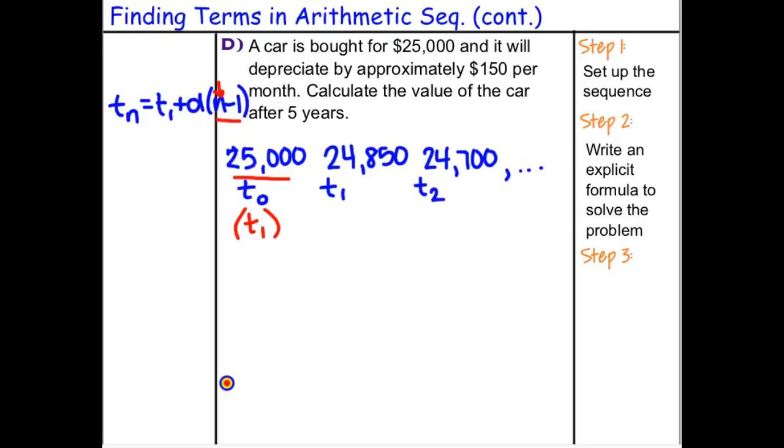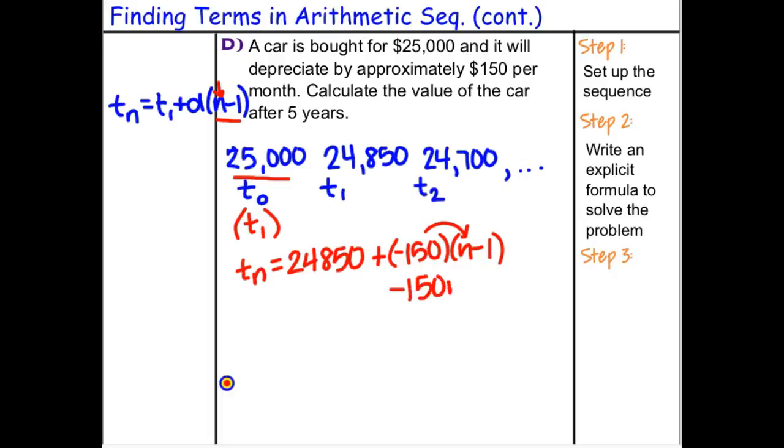I know that sounds kind of confusing, but think of it this way: if I were to use term n and say term n equals term 1 of 24,850 plus a negative 150 times n minus 1, well, I would distribute the negative 150 in, so I'd have minus 150n plus 150.